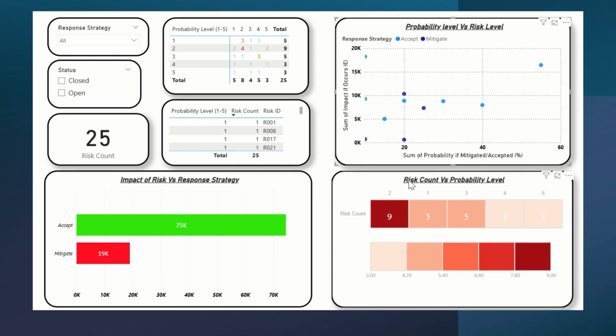OKVIZ. So right now, coming back to the last one, this heat map lets you visualize the number of open and closed risks by probability and the impact level of each of them. It also helps understand how many we have in a higher risk.